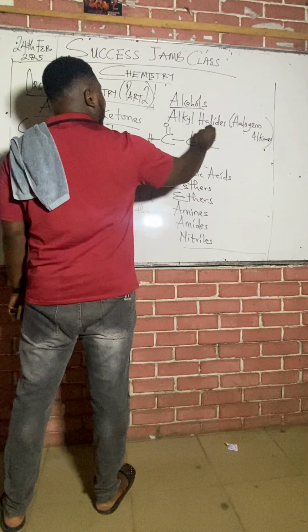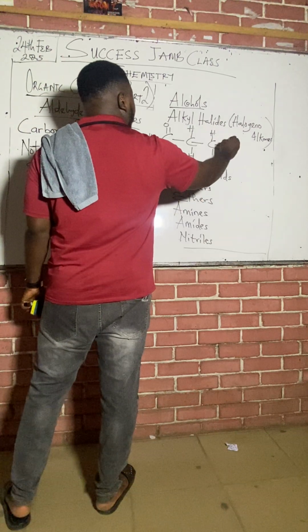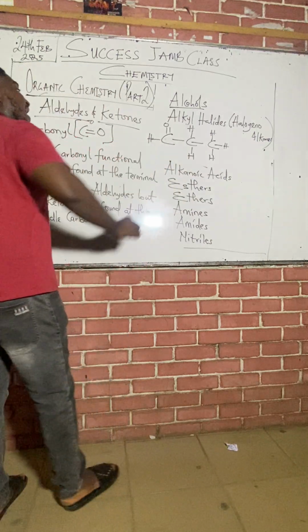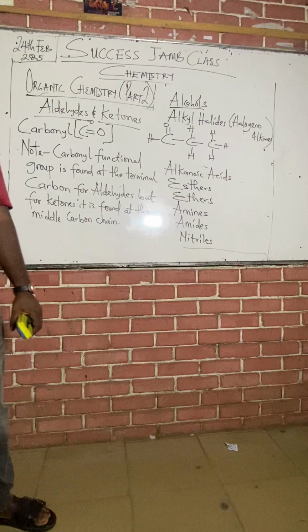Another thing that differentiates aldehyde and ketone is that the carbonyl group of aldehyde contains hydrogen. Note, write down: the carbonyl group of aldehydes contains what? Hydrogen. But the carbonyl group of ketones doesn't contain hydrogen. That's another differentiator.